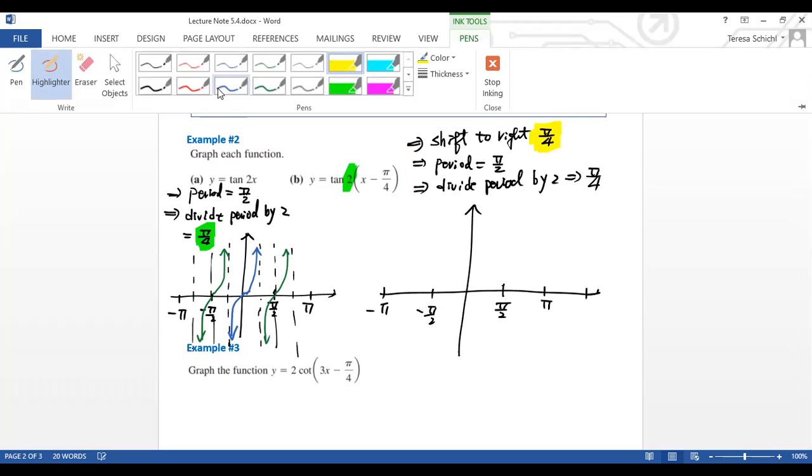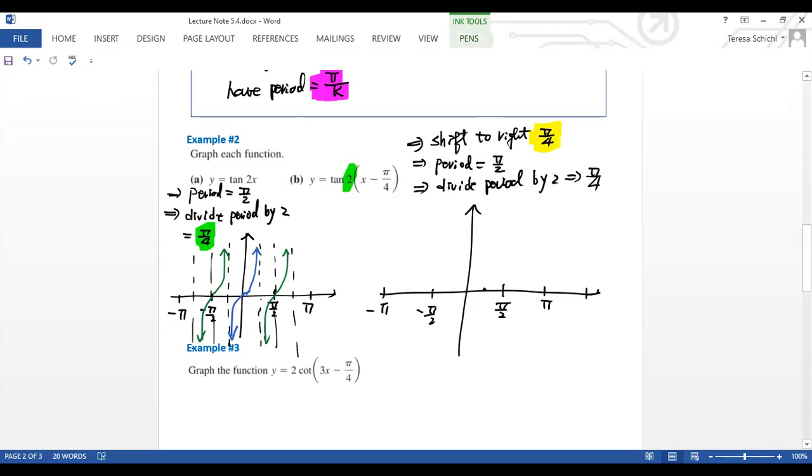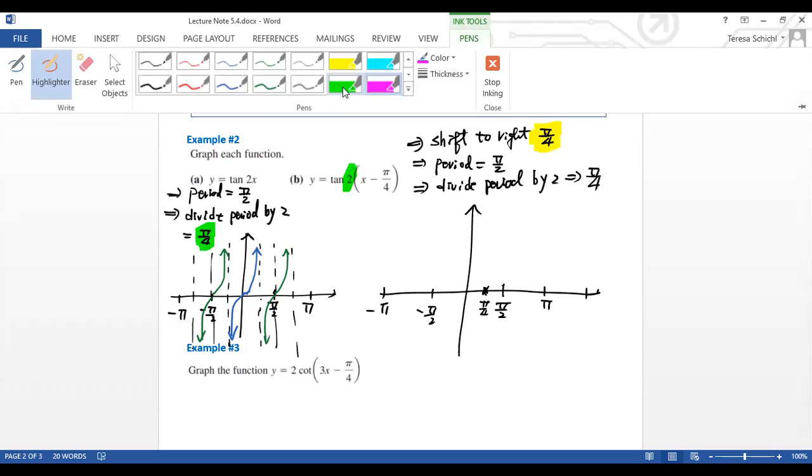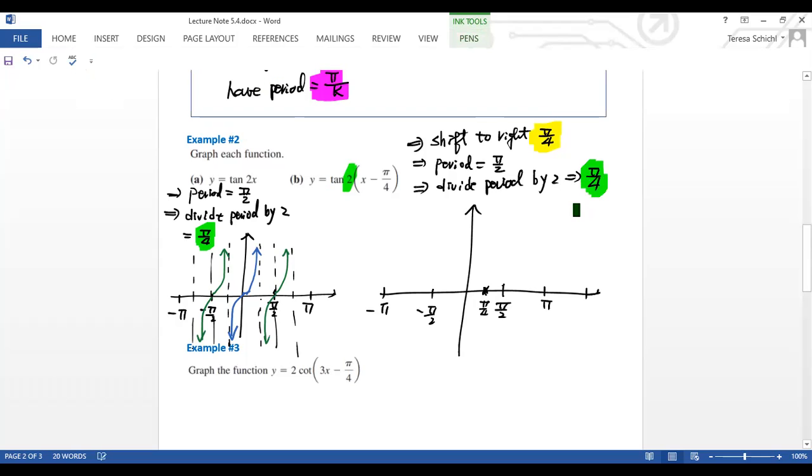That means my origin really shifts to here. I'm starting here, pi over 4. And now each end is going to be plus pi over 4 and minus pi over 4.